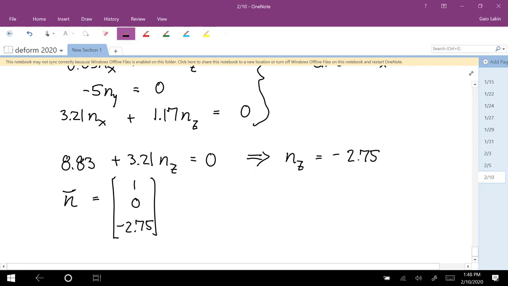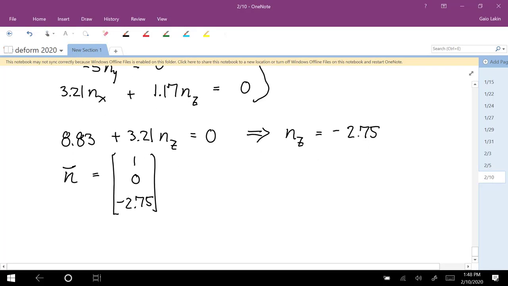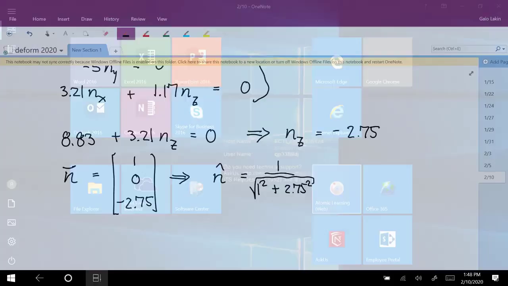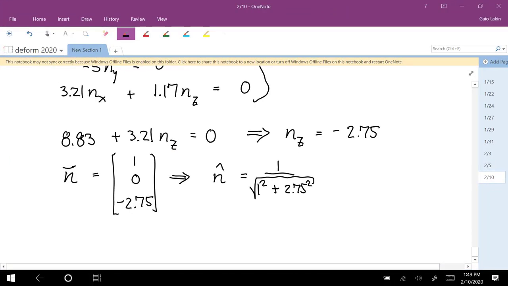But it's not a unit vector. So now normalize it. Divide everything by the square root of 1 squared plus 2.75 squared. And I hope what we're going to get is 0.3420, 0, negative 0.940.